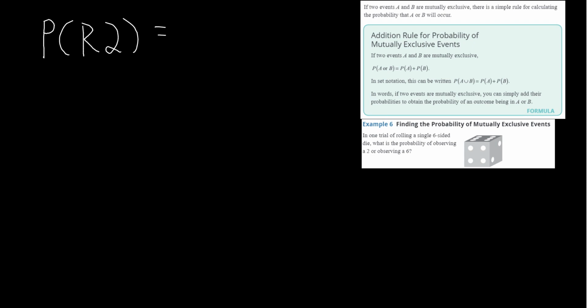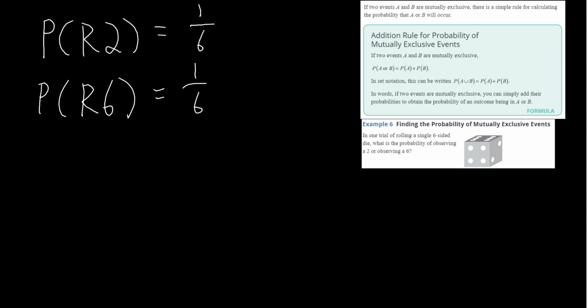On a six-sided die, there are 1, 2, 3, 4, 5, 6 numbers, so there are 6 numbers. There are obviously 1 in 6 odds of rolling a 2. What is the probability of rolling a 6? It's the same thing. It's 1 in 6.